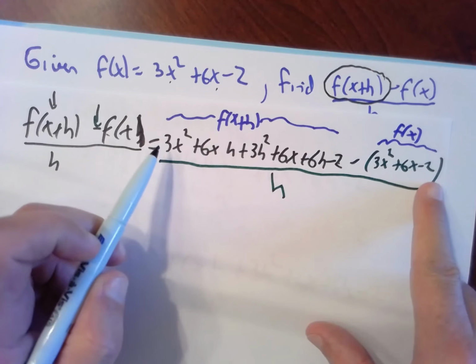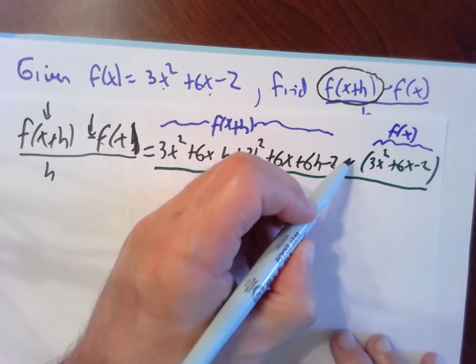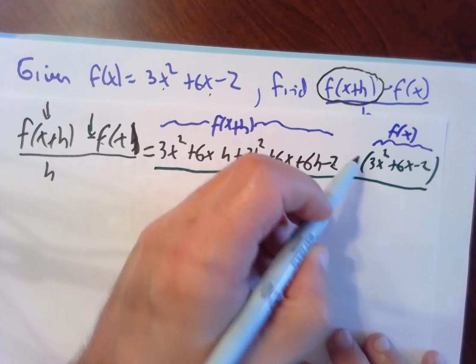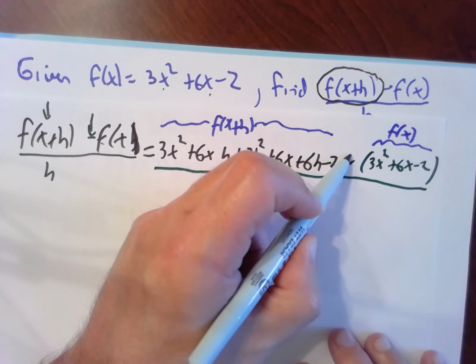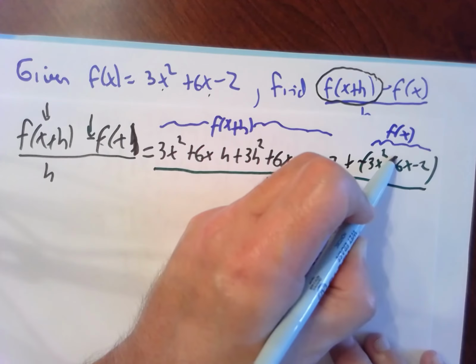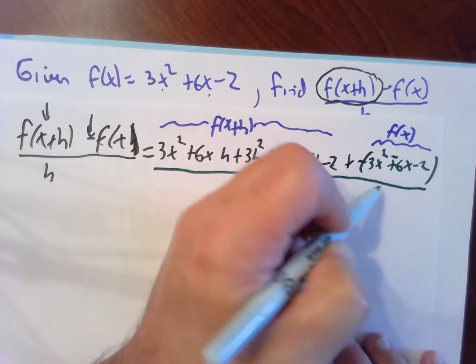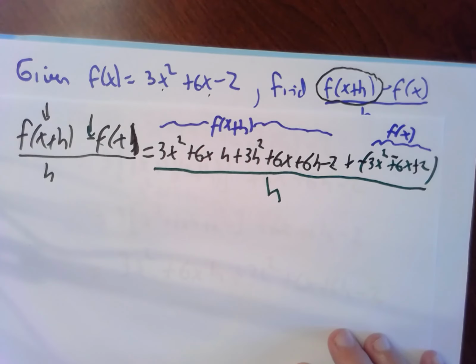Everything at the beginning is going to stay the same. I think the easiest way to distribute this negative is just change this negative to a plus and change all these signs. So we'll get negative 3x squared minus 6x plus 2.